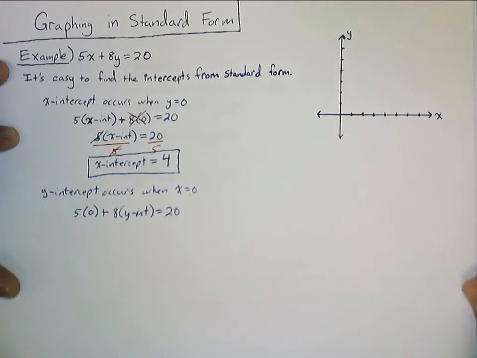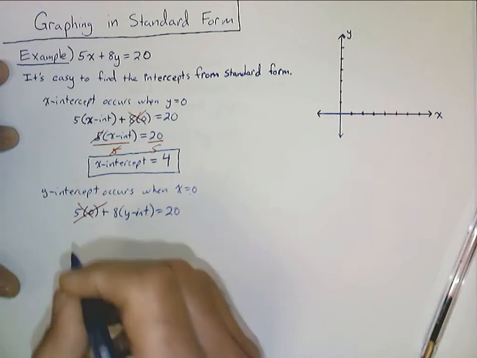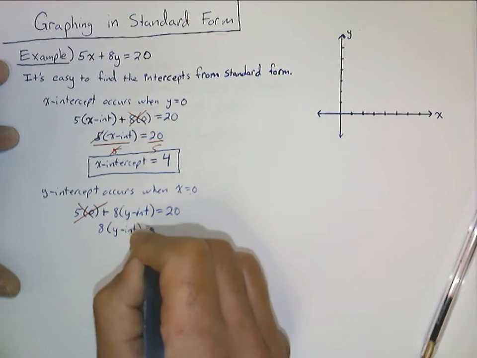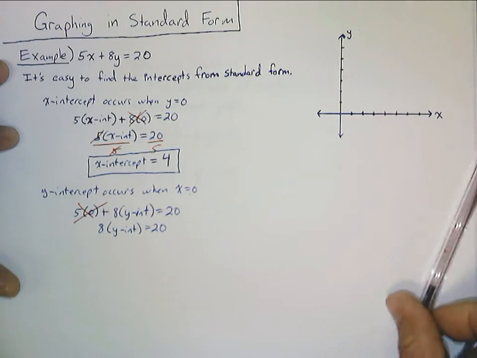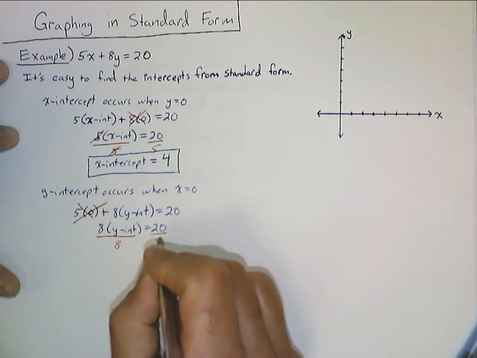And of course, 5 times 0 is 0, so that just goes away. So we have 8 times the y-intercept has to be 20, and then we just solve for this y-intercept by dividing both sides by 8.